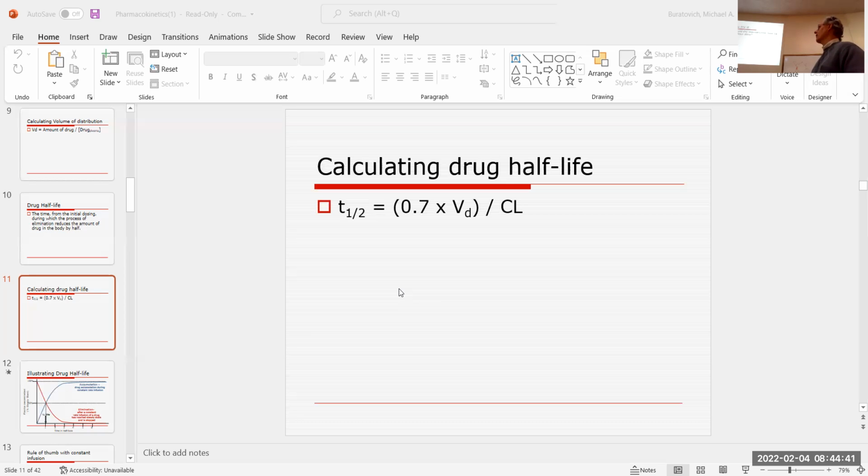What will it be for an 8-hour dose or a 24-hour dose? You try it. Here's how you calculate it.